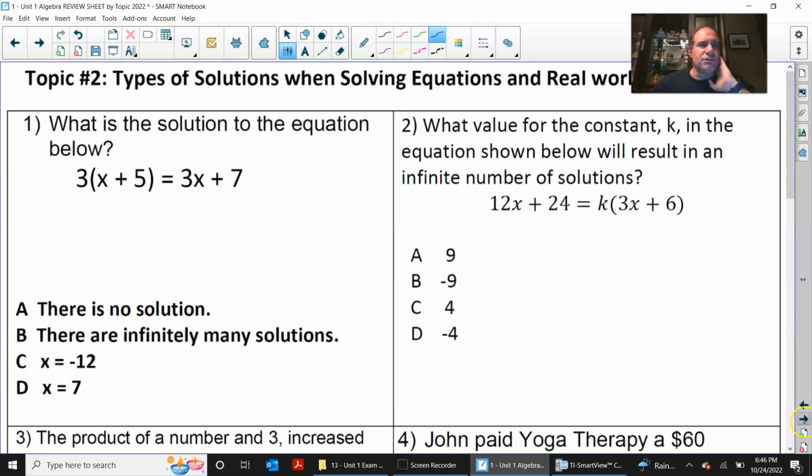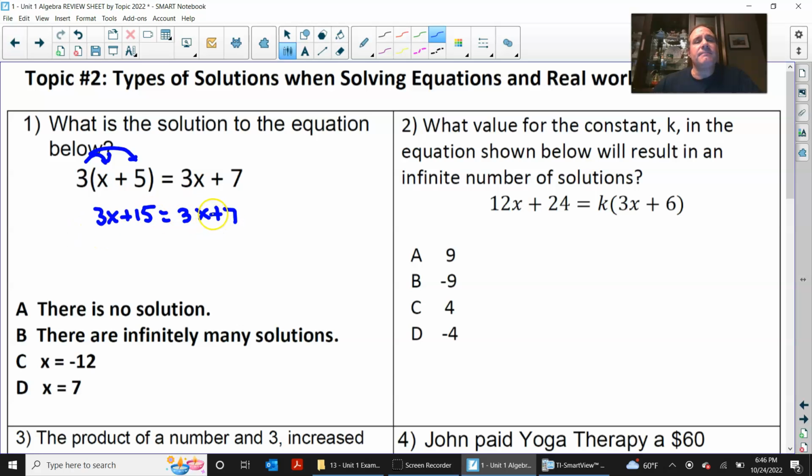All right, so just going ahead to topic 2. When you're solving types of solutions, when solving equations in real-world applications, we are going to actually go to the distributive property again. A lot of solving. 3x plus 15 equals 3x plus 7.